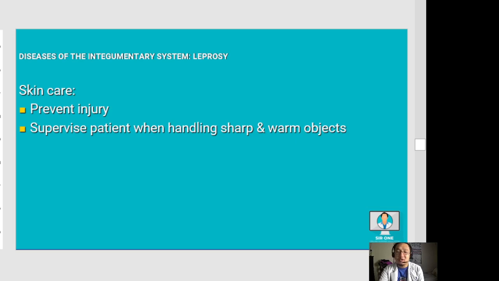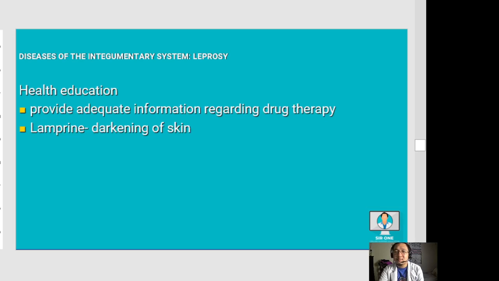So assist them. Additional health education, provide adequate information regarding drug therapy. That's very important. The regimen, the duration, even the side effects. Okay, these are very important information in health education.